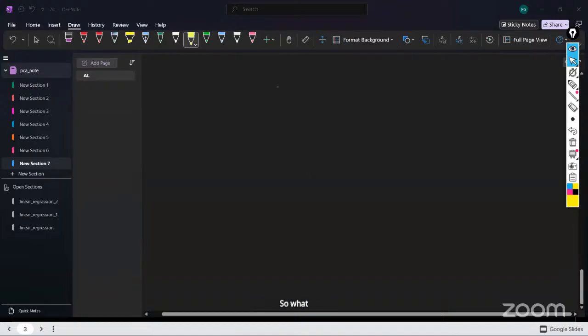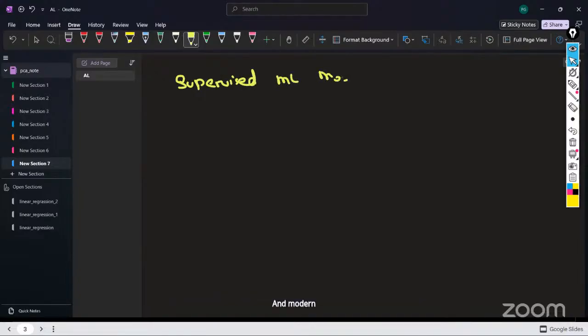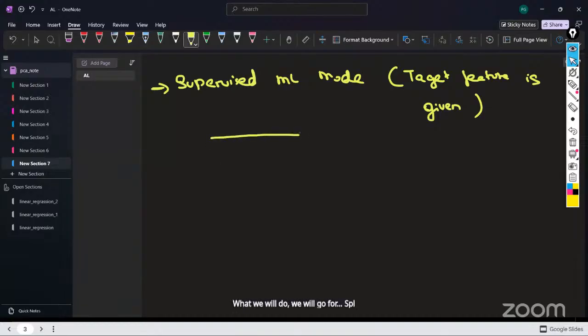So if we are dealing with a supervised ML model, here the target feature is given. What we will do, we will go for splitting the data into multiple parts.